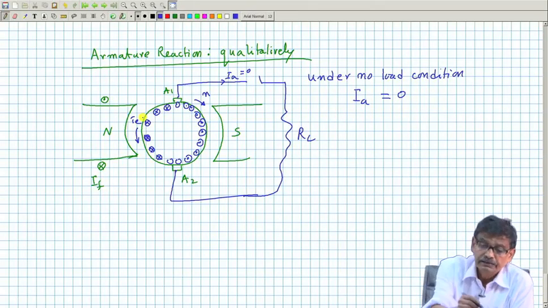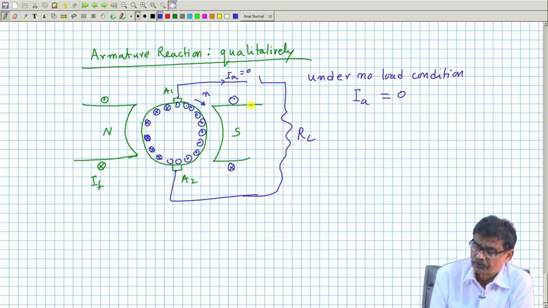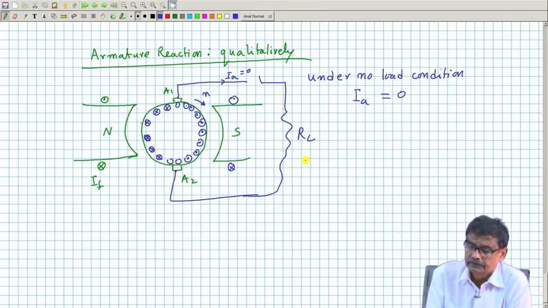Now, the question is what happens to this field? When I_A was 0, the field is decided solely by the field coil. Symbolically I am showing one turn for the field coil, it is north to south, and lines of force will be like this.